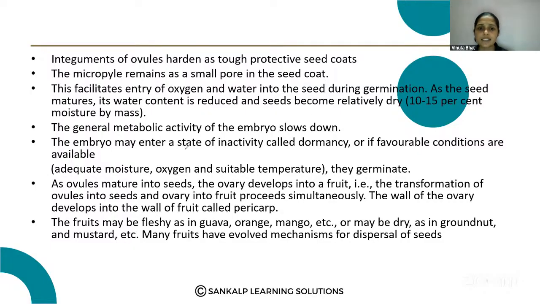Some seeds show dormancy for many years, around 10,000 years of dormancy also they showed. That depends on the dormancy of the seed, on the oxygen, the availability of water, and the suitable environment for germination.